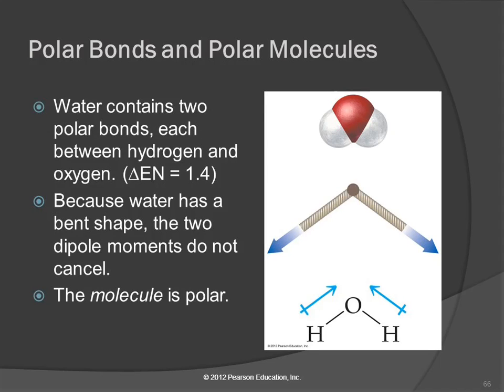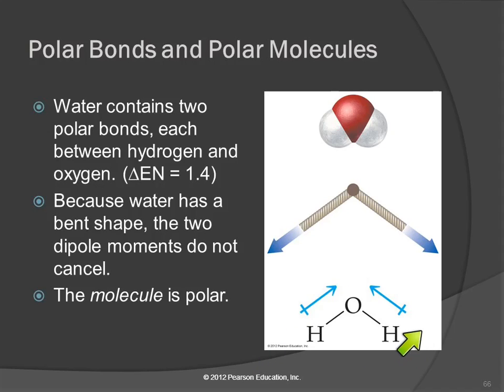Let's look at water. We now understand that water has a bent shape. Here's the model of it, and here's the structure or the formula showing the shape. The hydrogen-oxygen bond is polar, and it points in the direction of the oxygen.